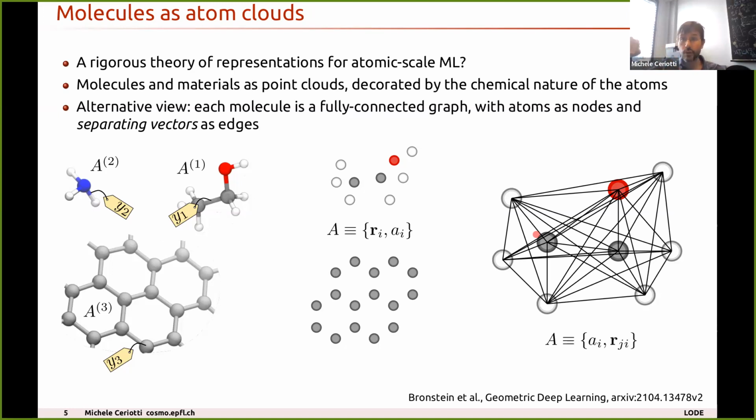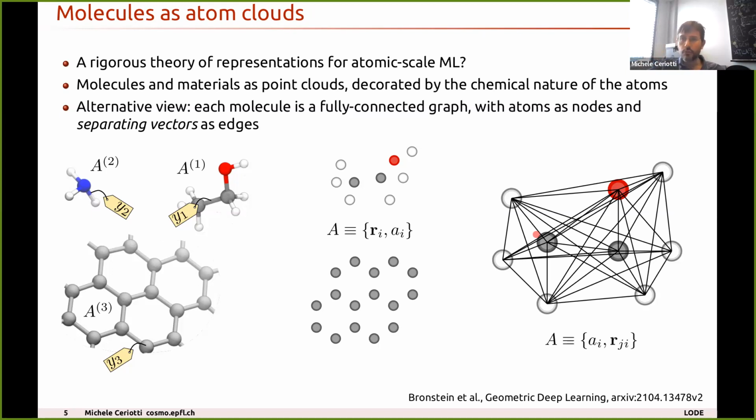On the other hand, if you're trying to predict the results of a quantum calculation, what you want is a complete description of the geometry of that molecule. And from this perspective, the covalent bonds are just an approximation. They are an abstraction that helps chemists interpret the behavior of a molecule.